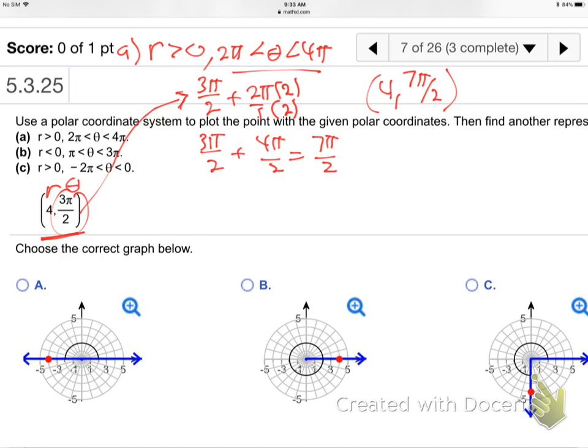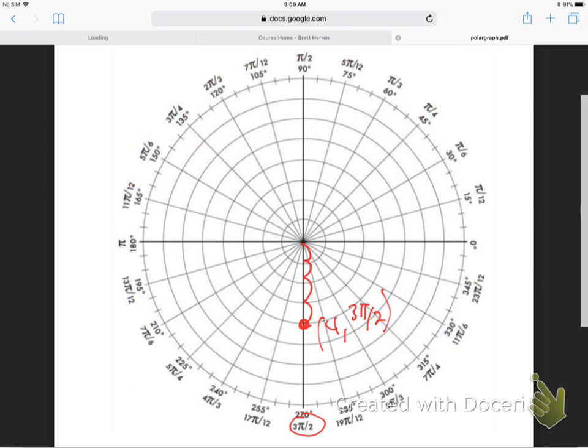And now part B is going to be a little more tricky. They want r less than 0, which means negative, doesn't it? And they want the angle to be between pi and 3 pi. I think the angle will naturally come out between pi and 3 pi. Go ahead and give it a try. I think it'd be better if I put it on the polar graph for you. So part B said r is less than 0, the angle's between pi and 3 pi.